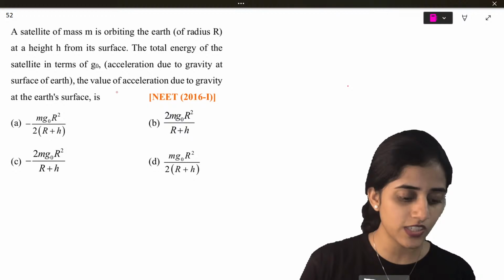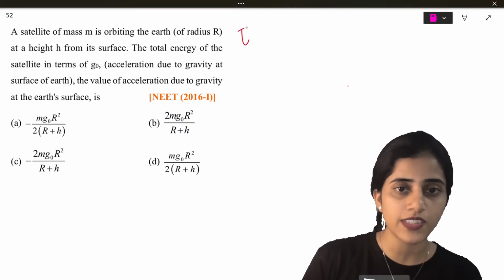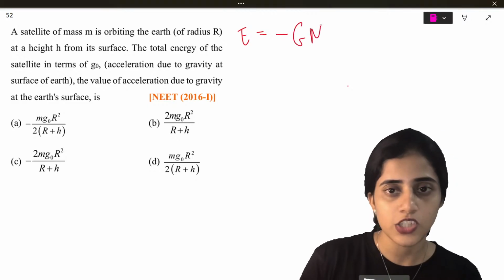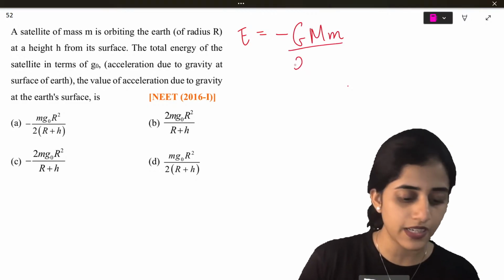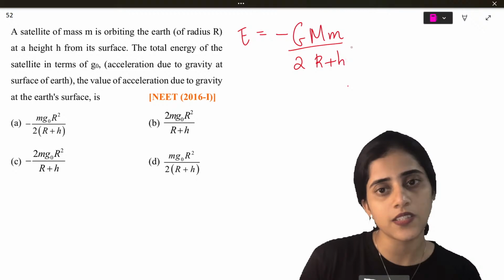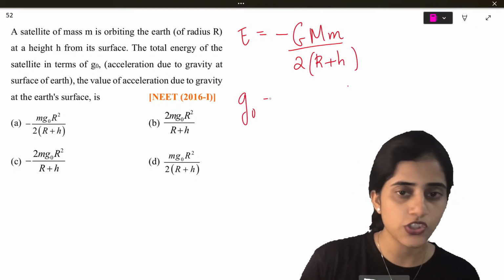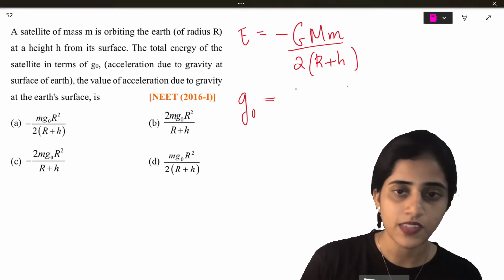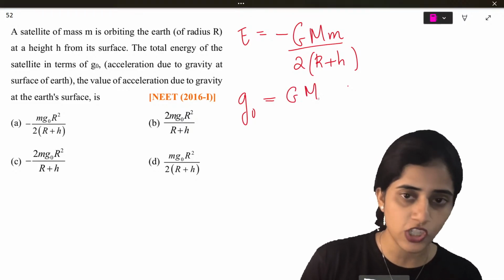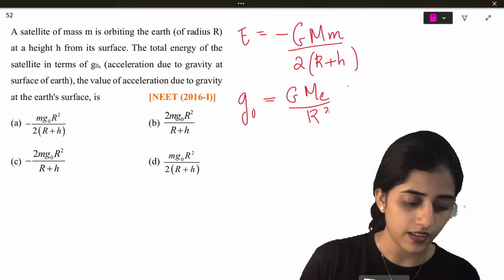Okay, let's do this. So, what is the total energy of the satellite? The total energy of the satellite is minus GMm divided by 2 times (R plus h). And g naught is what? g naught is gravity, GM_E by R square.